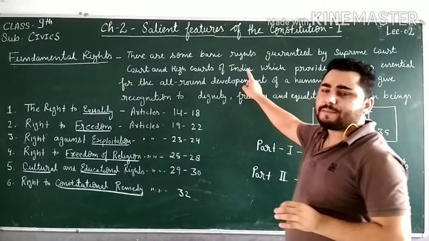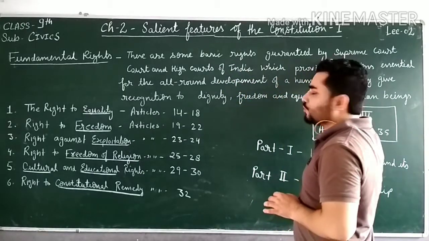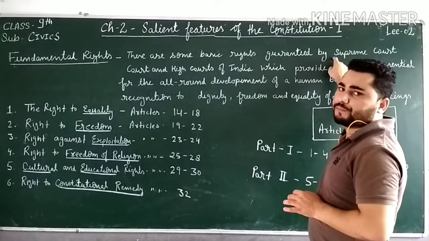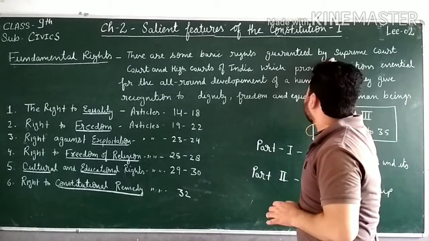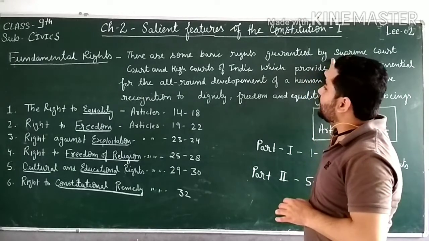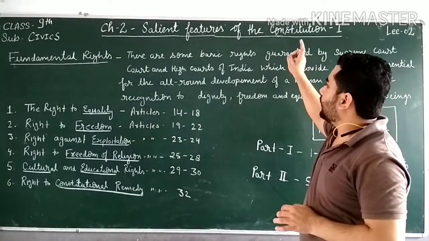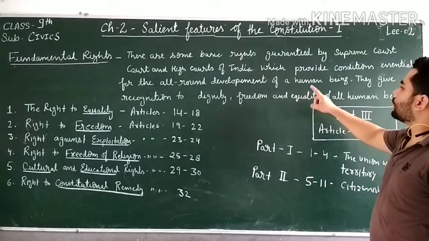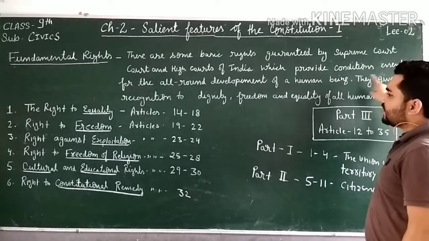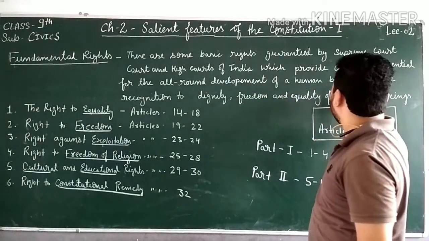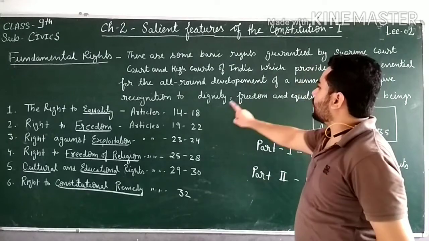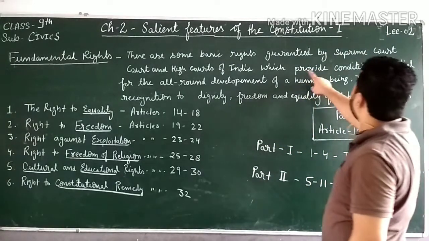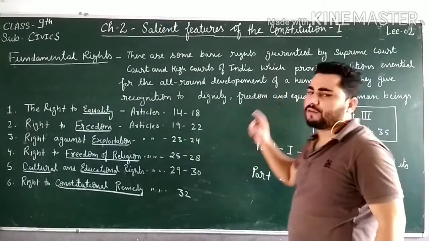These are some basic rights guaranteed by the Supreme Court and High Courts of India, under Article 32, which provides the constitutional remedy. They provide conditions essential for the all-round development of human beings. They give recognition to the dignity, freedom and equality of all human beings.